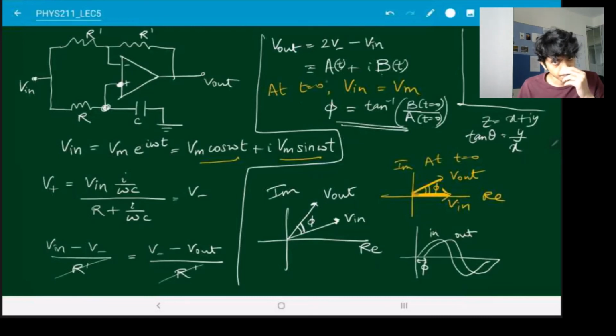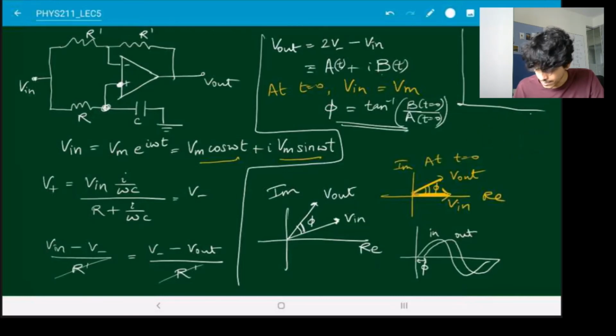Now you can do this analysis, and the calculation is a little dirty, so I'm not going to do it over here, but you can try it out at home.